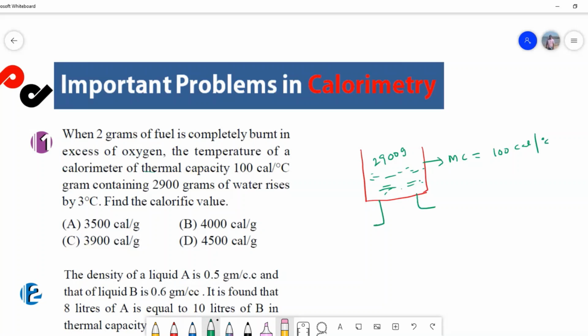Now this is placed on a fuel which is burnt. So the fuel is giving energy to it. Let us find out how much energy this fuel is supplying to the water and the calorimeter so that the temperature rises by 3. So delta T is given as 3 degrees centigrade.